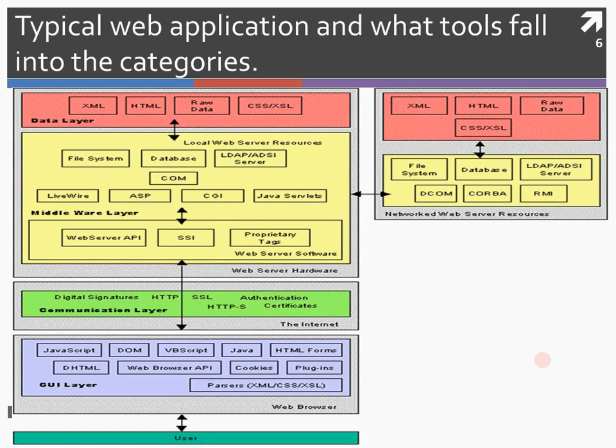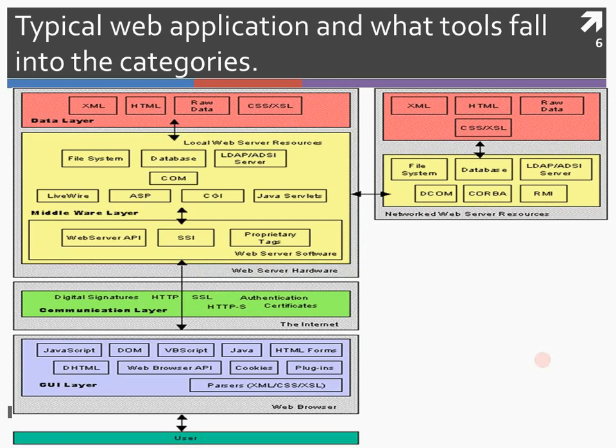So this is the foremost important flow of layers involved in a web application. It will involve all kinds of layers. As we saw in the earlier slide, the user goes through the GUI layer, which is the graphical user interface layer, and then communicates through the communication layer involving many protocols like HTTP, HTTPS.